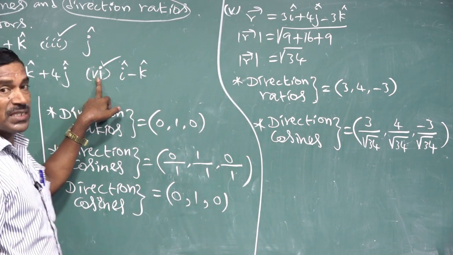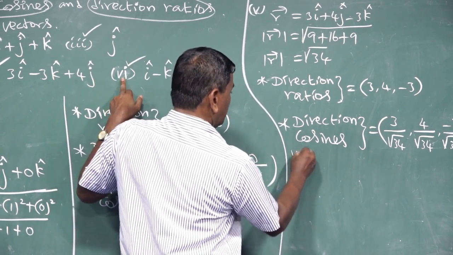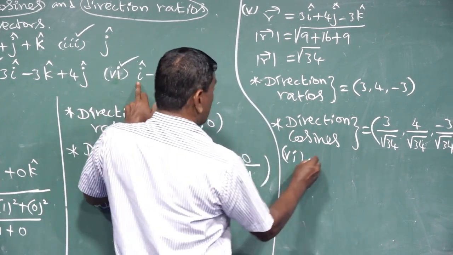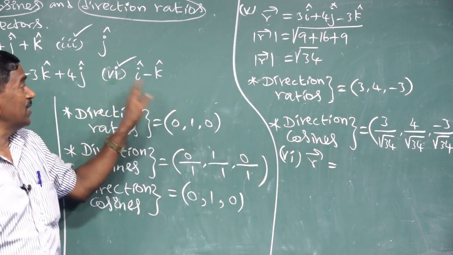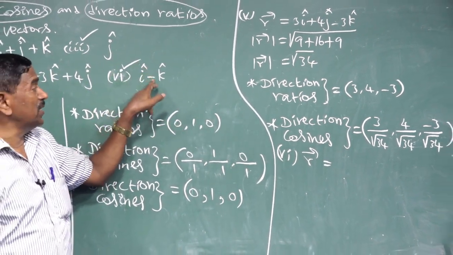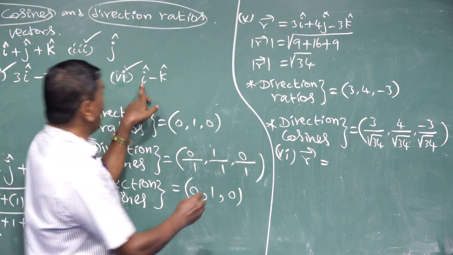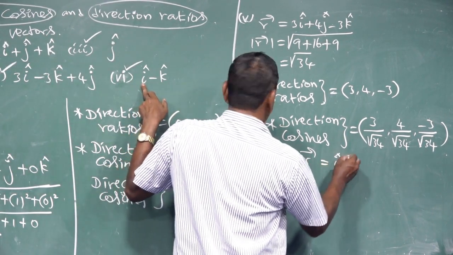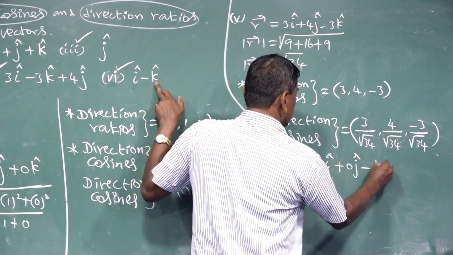Now come to subdivision 6, which is very simple. Let r vector be equal to, can you tell me what r vector is? Yes, i cap, here j is absent, therefore 0 j cap, minus k cap. Let r vector be equal to i cap plus 0 j cap minus k cap.